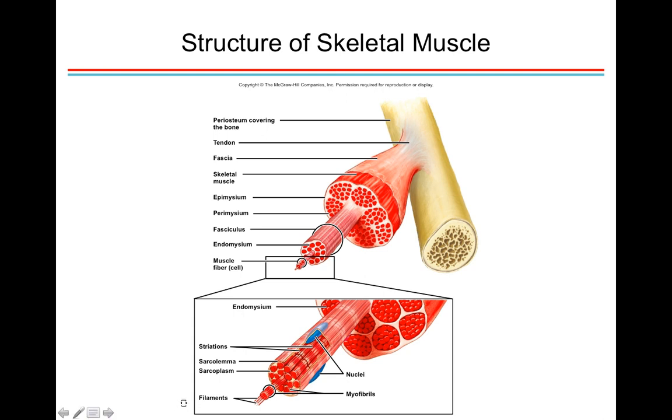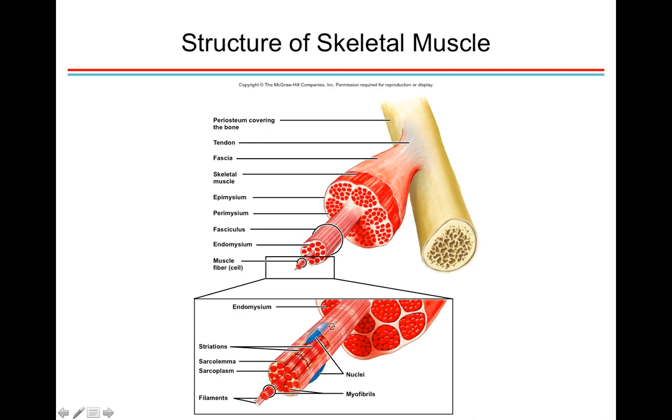We also have a unique term for cytoplasm in a muscle cell. This is called sarcoplasm, which is the cytoplasm of a muscle cell, and the sarcolemma is the plasma membrane. And inside we have these filaments that are composed of cytoskeleton, and we're going to take a closer look at those cytoskeletal factors and how they play a role in muscle contraction.